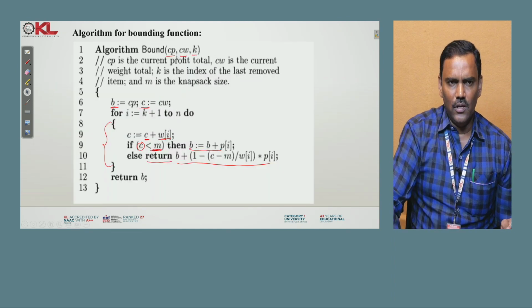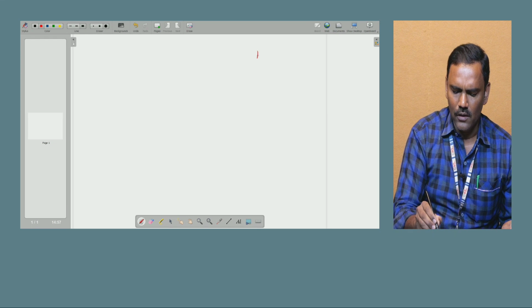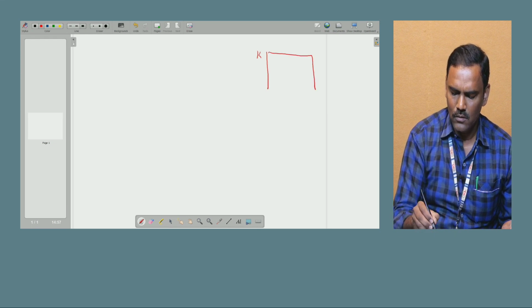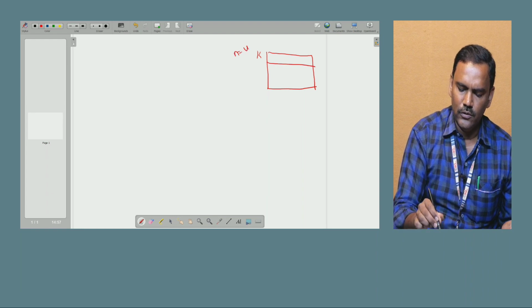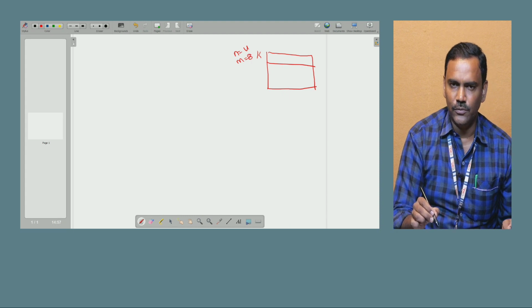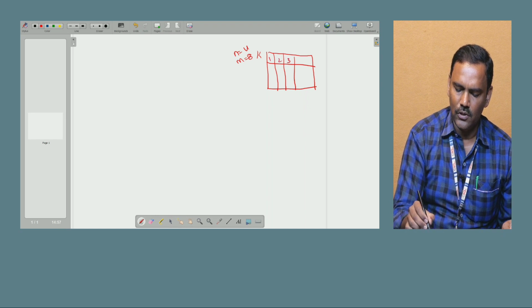Now we will go for a small example. I am taking the n value equal to 4 and the m value, the knapsack capacity, equal to 8, and now I am going to be taking the k values 1, 2, 3, 4.